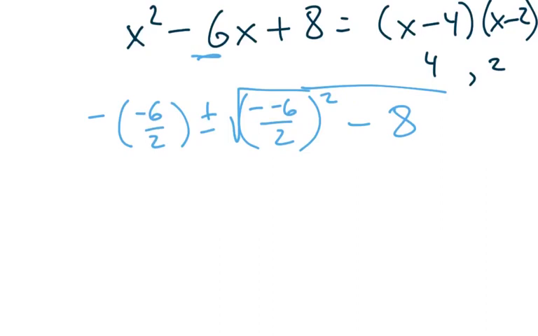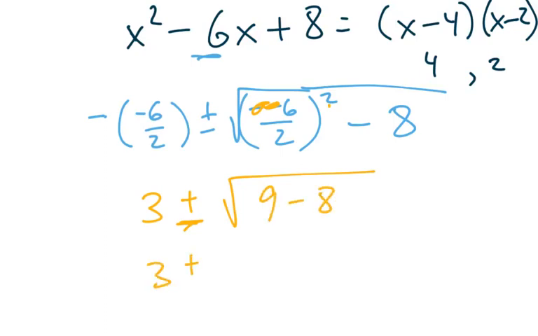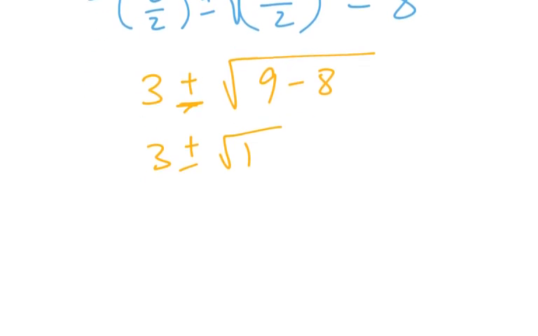Let's see. Negative becomes a positive, so 6 divided by 2 is 3, plus or minus the square root. The sign doesn't really matter here because you're squaring it, so it's going to come out positive. This is 3 squared, which is 9. 9 minus 8 is 1. So 3 plus or minus the square root of 1. That's just 3 plus 1 and 3 minus 1.